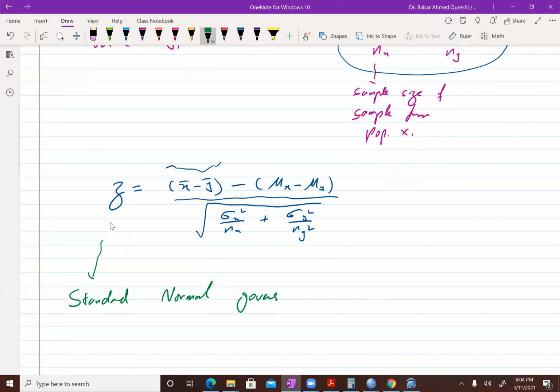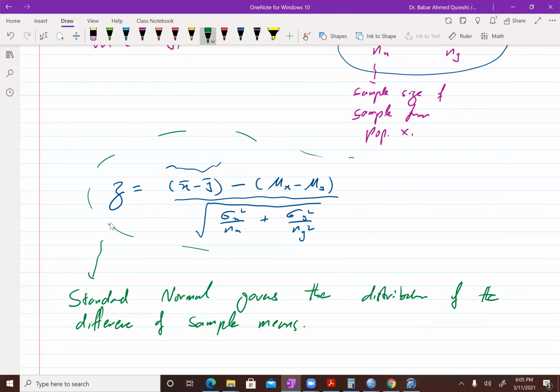So this standard normal governs the distribution of the difference of sample means. It tells you that if you get one value, because you're doing just one sampling, its occurrence and its probability are all contained in this distribution.